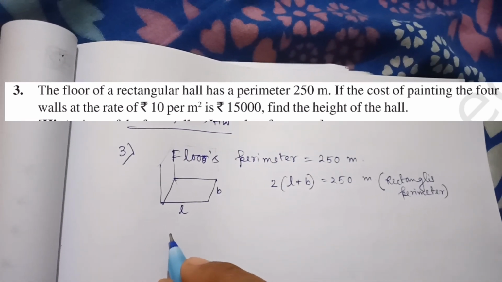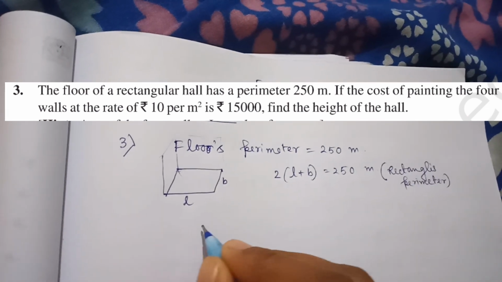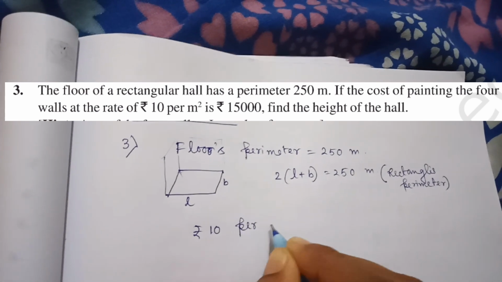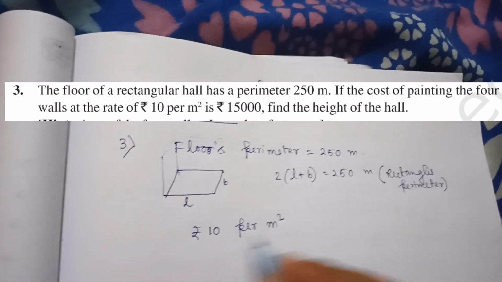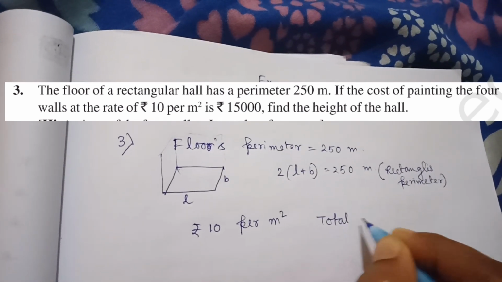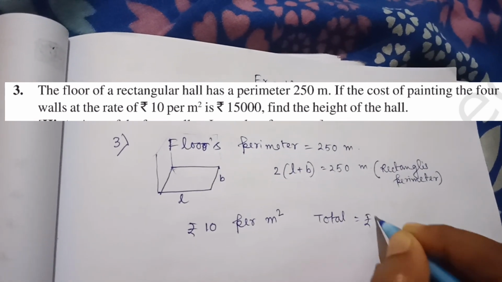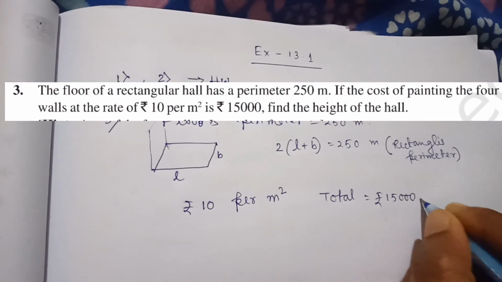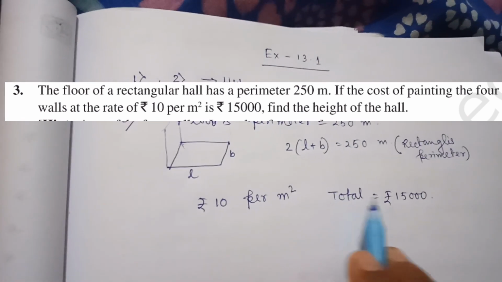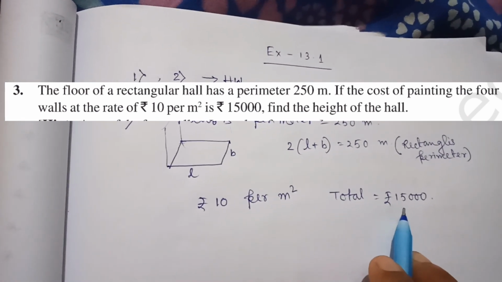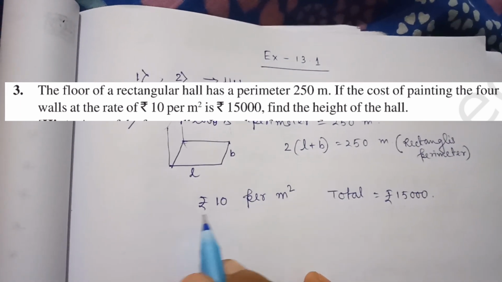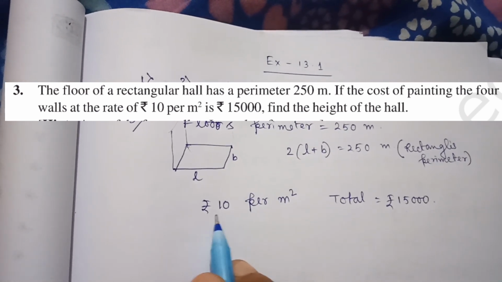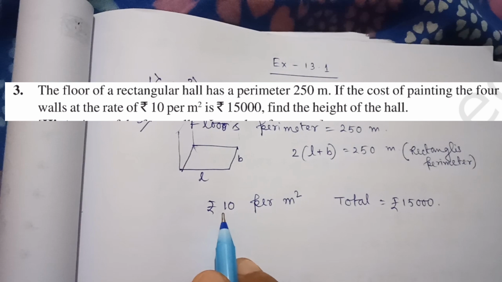Coming to the second option that is given, the cost of painting 4 walls is rupees 10 per meter square, and the total amount we have to pay is rupees 15,000. Now if we have paid rupees 15,000 in total, and per meter square we pay rupees 10, that means 1 meter square costs rupees 10.